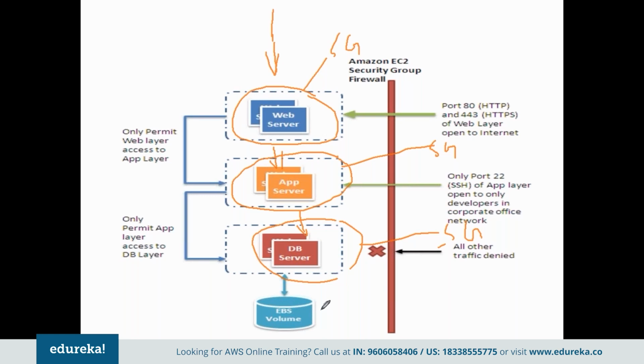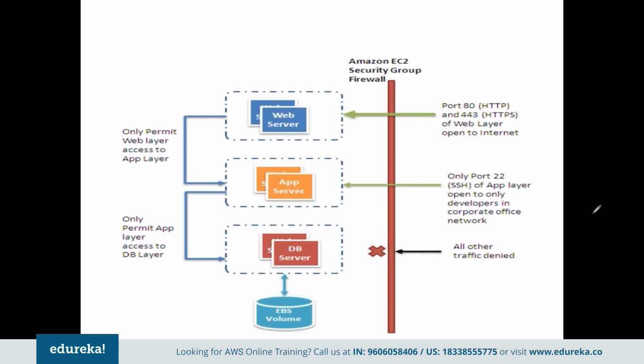So at the compute layer, you should be using security groups to control both inbound and outbound traffic. And lastly, security groups are stateful. So stateful in this context means that any traffic that is allowed in the inbound rule, the return traffic would be allowed by default, regardless of whatever the outbound rule says. So we'll see that in action very shortly. So there are other representations as well.